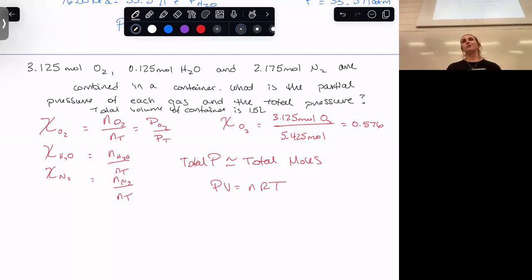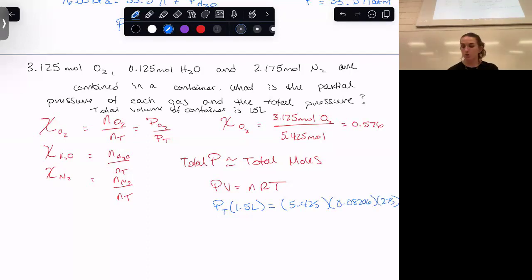Okay. So if we're given that our container is 1.5 liters, we can now say that our pressure, PT, times 1.5 liters is equal to our total moles, which is 5.425, times 0.08206, and then for STP, we would say 273.